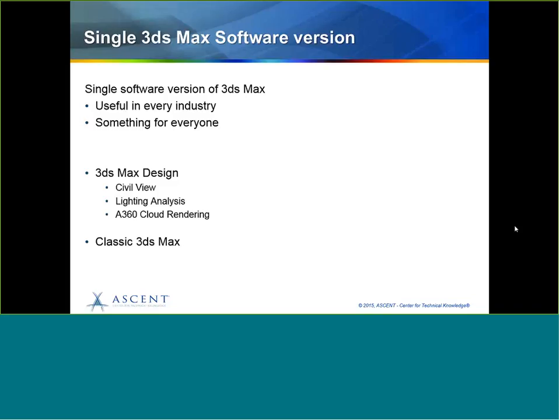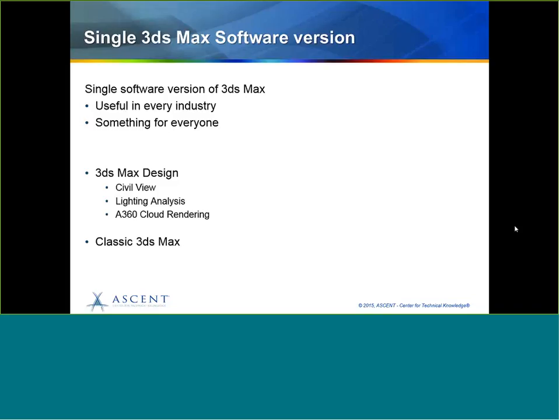So with 2016, the two versions of Max have now been combined into one software product to make it easier for users. As you know, the lines between different industries are blurring these days, and so having a single version is just great. I really like this idea of having a single version of the software.